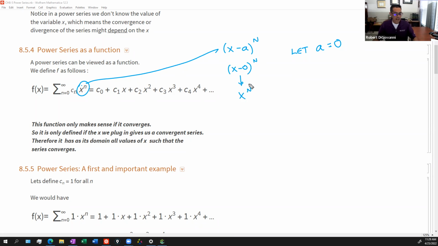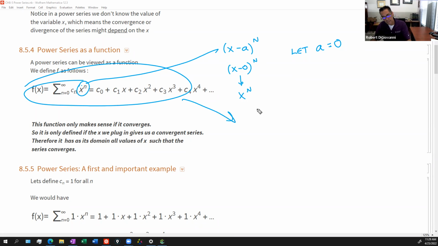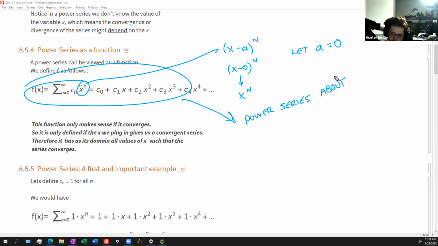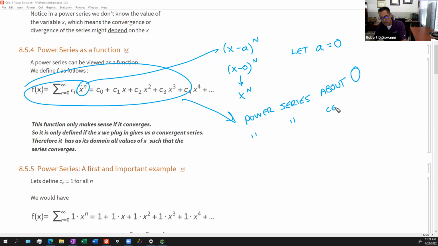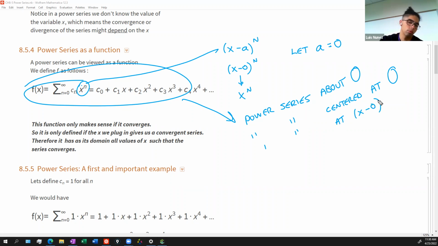So could we not say then that this is a power series about 0? Or you could say a power series centered at 0, or a power series at a equals 0.